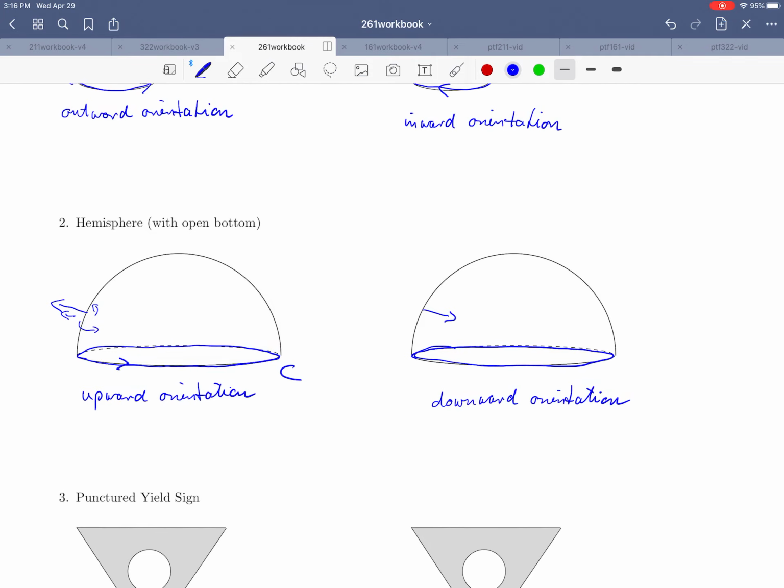Then you're pointing inward, and you're curling around this way. And so the orientation of our boundary curve goes in the other direction, pointing to the left.